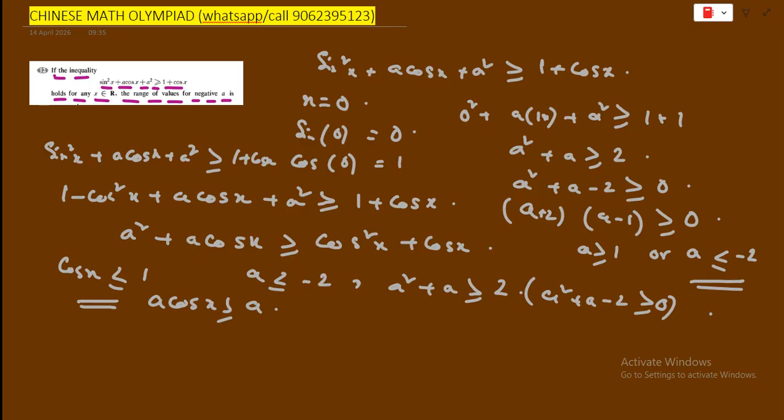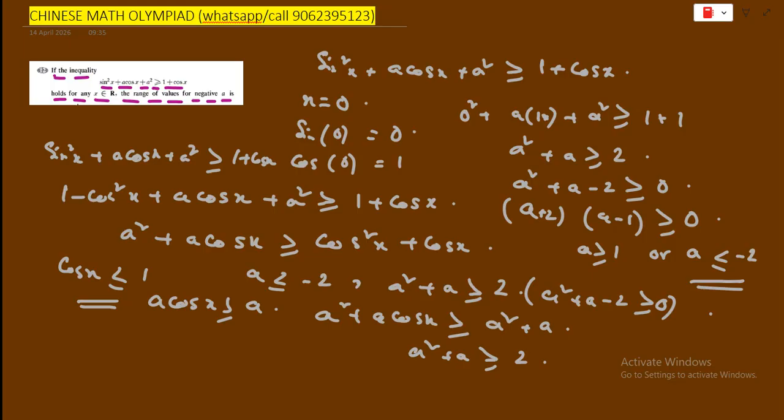Since a is negative, like minus 2, multiplying it by something small like 0.5 makes it larger, like minus 1. So a square plus a cos x is greater than or equal to a square plus a, and we already know that a square plus a is greater than or equal to 2, therefore the left side is at least 2.